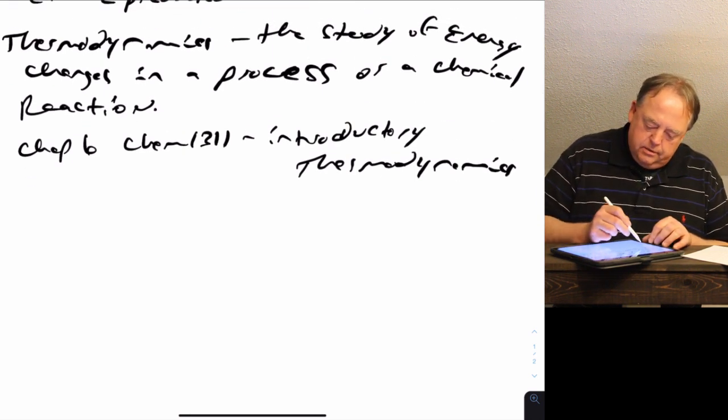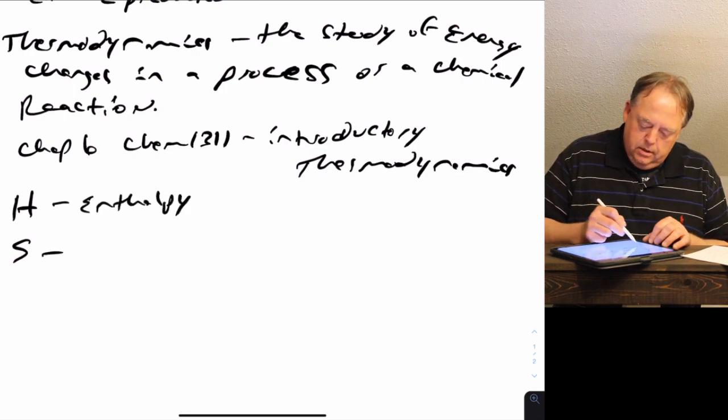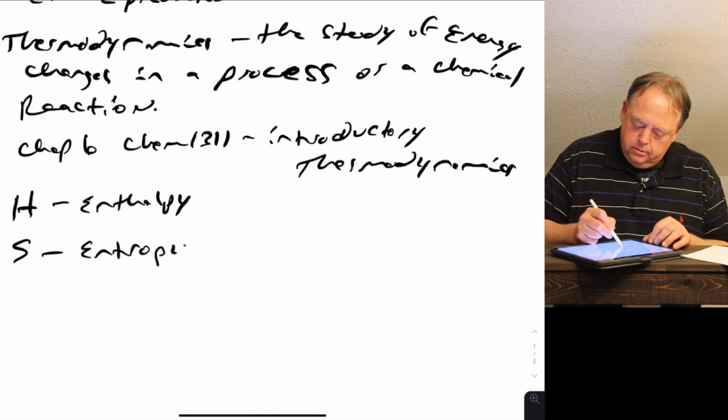Okay, so in thermodynamics, we'll basically be worrying about two terms, one H and one S. So H is what's known as enthalpy, and S is what's known as entropy.